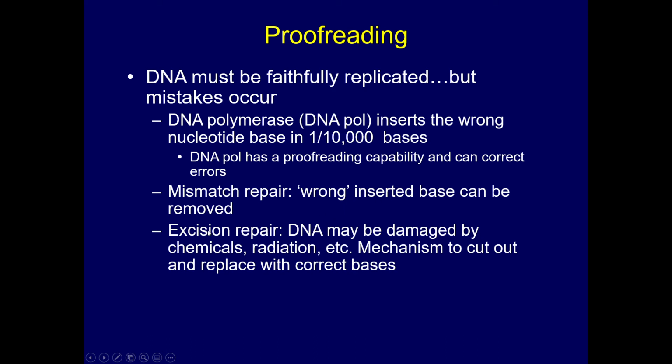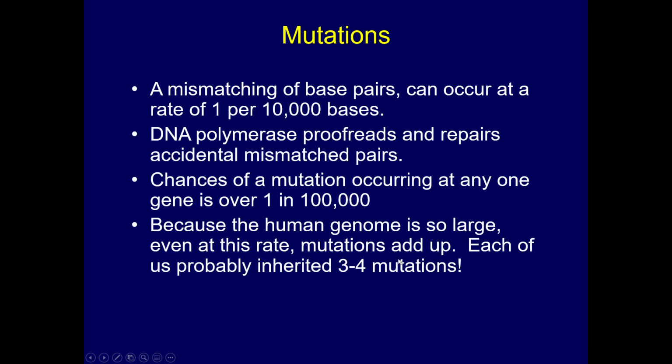And now other times DNA can be damaged in other ways, like by chemicals or radiation, and there's a mechanism to cut out and replace it with the correct bases. So that mismatching of base pairs can occur at a rate of about 1 in 10,000, and they do try to proofread and repair those. However, there are chances of what's called a mutation, which is about 1 in 100,000, which means that that gene is changed permanently.